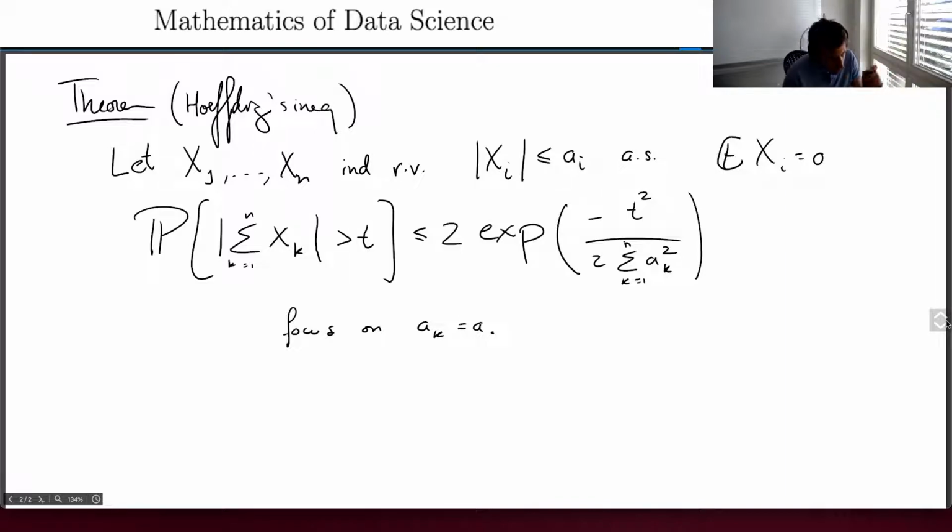Okay, so now if we do that, let's try to plug in a t that makes this thing small. Let's say that we take t to be square root of 2, some constant u, log n, and then a.